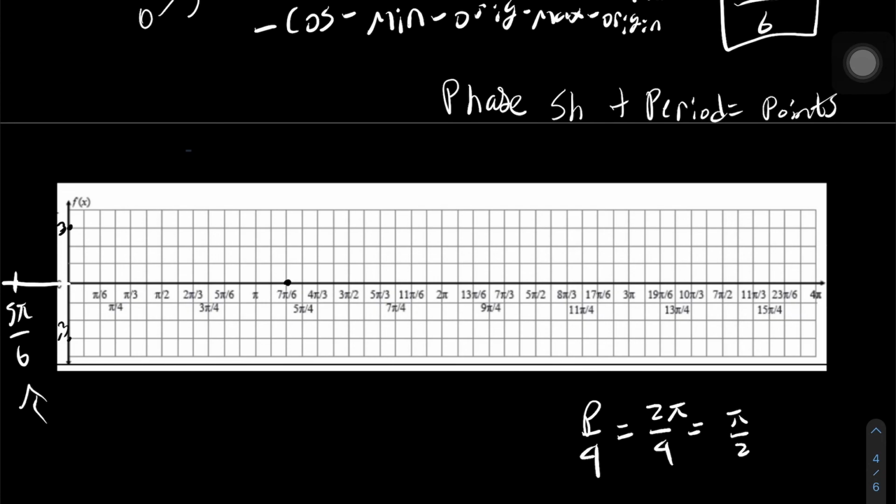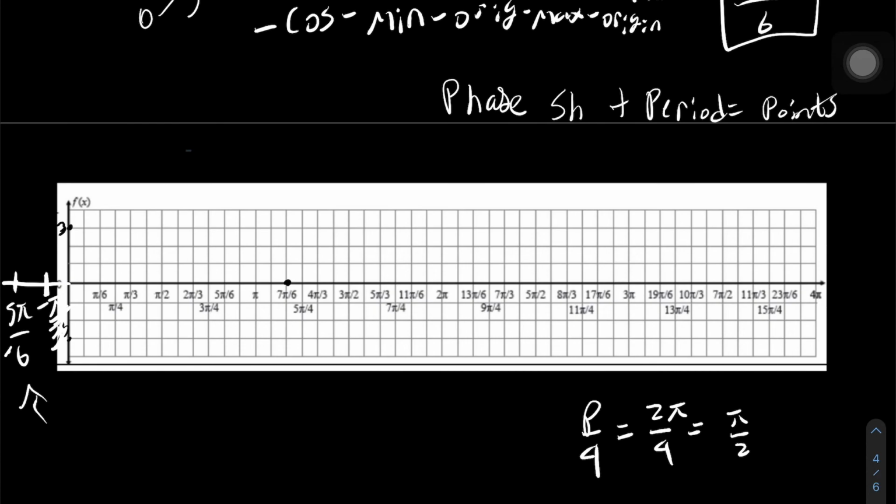So we have negative 5 pi over 6 plus pi over 2, or 1/2. And in this scenario, that's just going to be 3 pi over 6, which gives us negative 2 pi over 6, which is actually just negative pi over 3, negative 1/3 pi. So our second point would be right here at negative pi over 3.